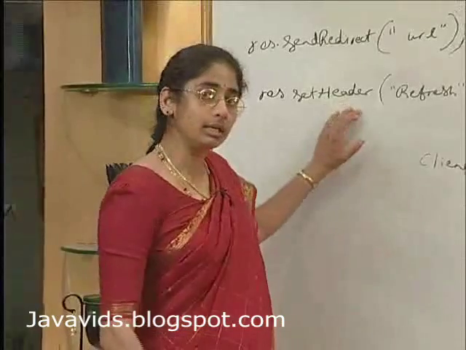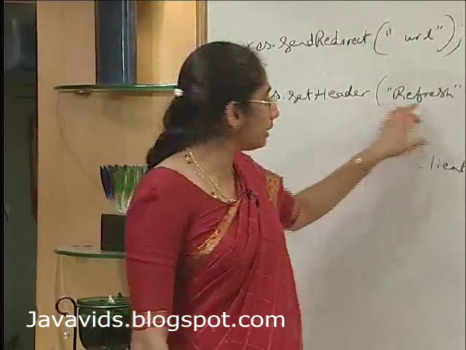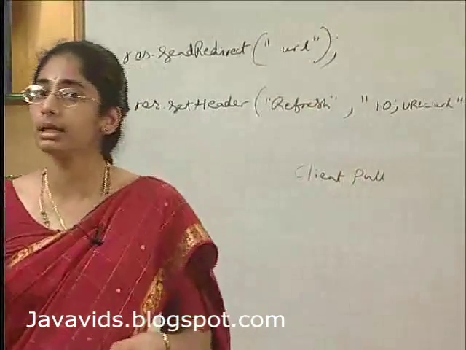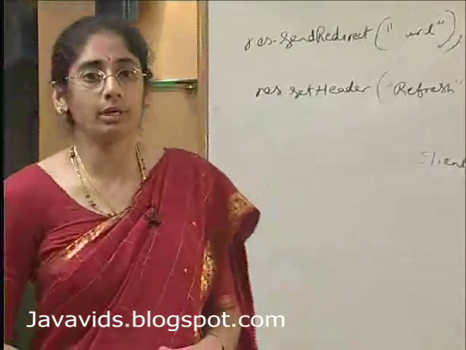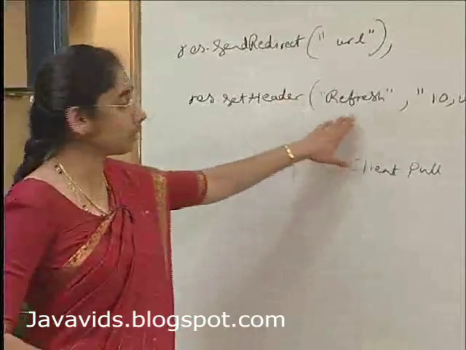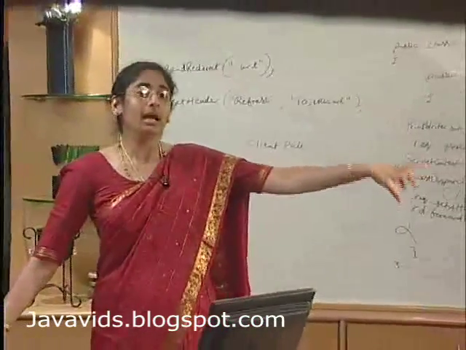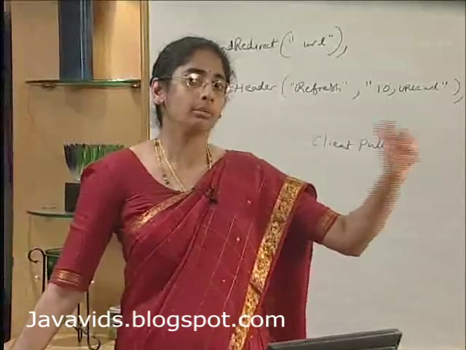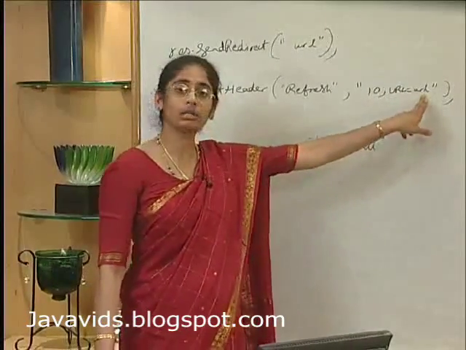So again here, with the refresh header, you can specify out.println. When you specify out.println and set the header refresh, the output is given to the client and you are able to see the output that you have written, because only after 10 seconds it will make a call to this URL.